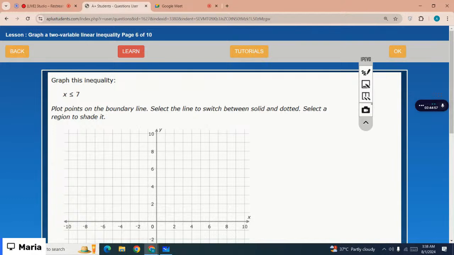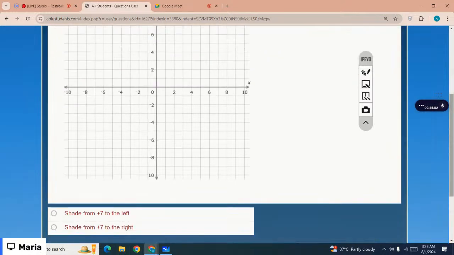Graph the inequality x is less than or equal to 7. So which is the correct option? Shade from positive 7 to the left. Option number 1 is the correct option.